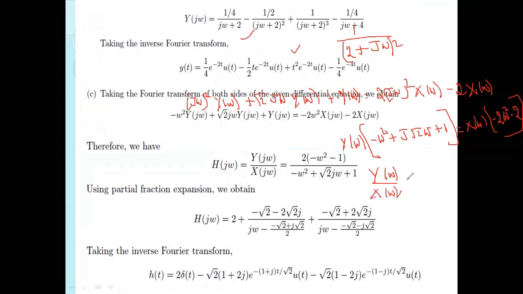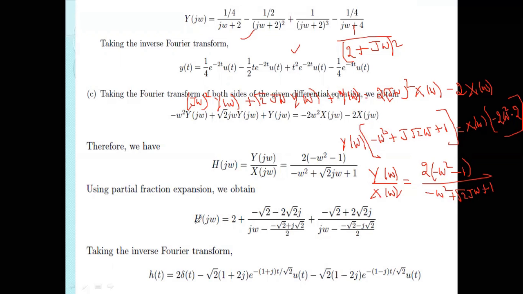Taking the multiplication factor of x of omega, you can take 2 omega square minus 1 common, and the denominator is minus omega square plus j into root 2 j omega plus 1. Okay, we got this.